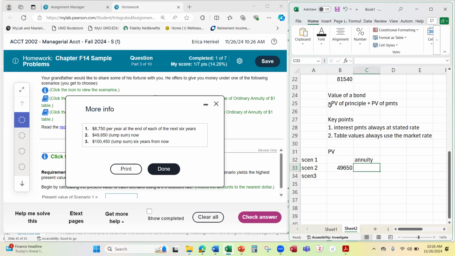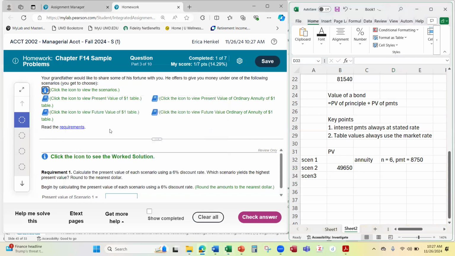All right. So we've got n equals 6 here, and the payment equals $87.50. So to calculate that, we would take that $87.50 and multiply it by the amount from the present value of an ordinary annuity table.